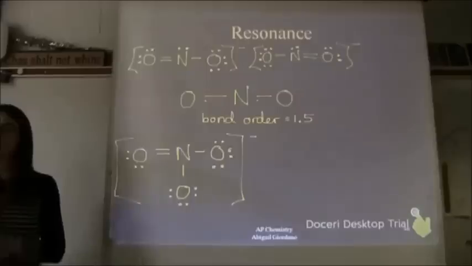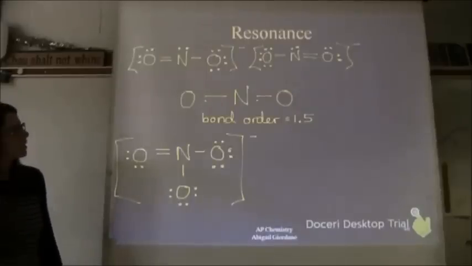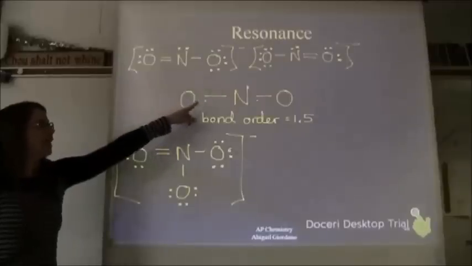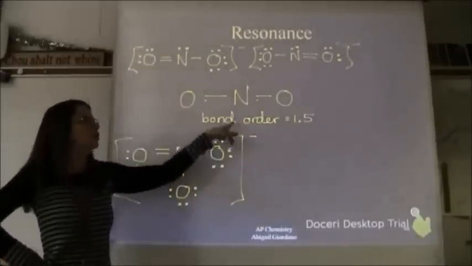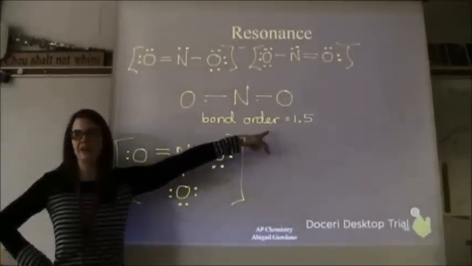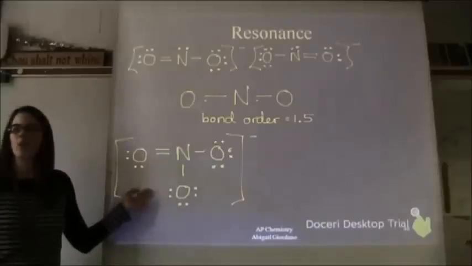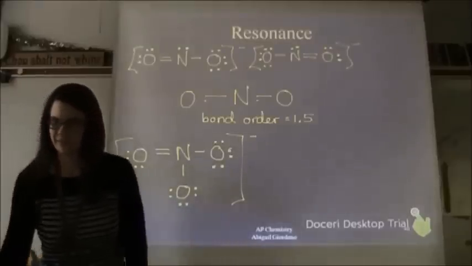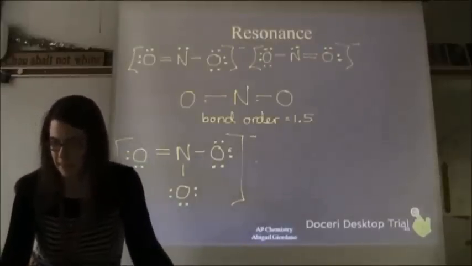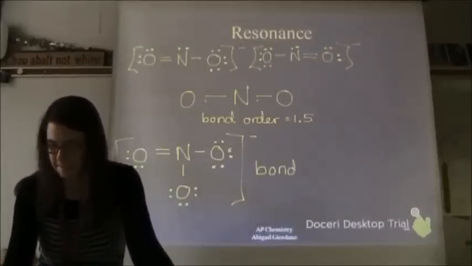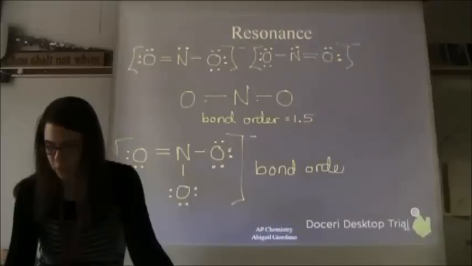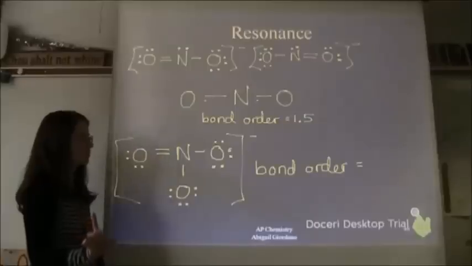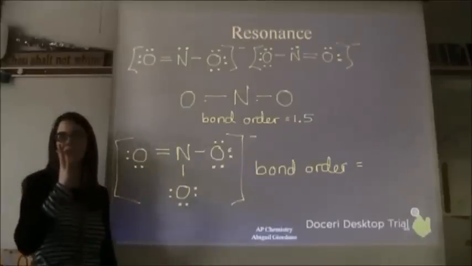Okay, now see if you can figure this out. If nitrite has an average bond order of 1.5, what would this guy have? What's that? Not 5 over 3. You're close. 4 over 3.